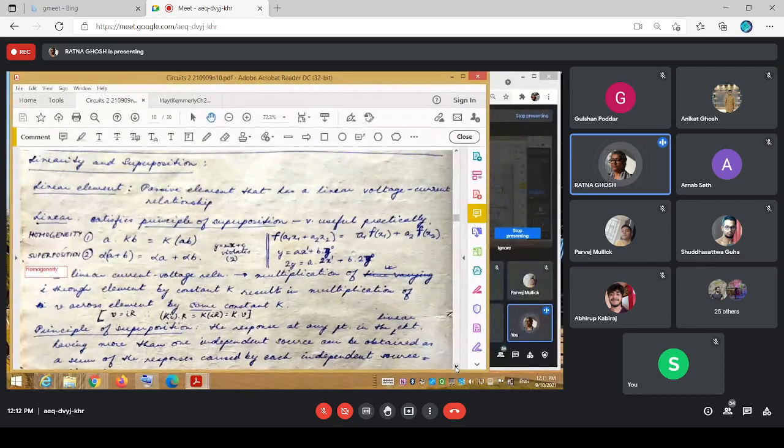Even in circuit theory, we'll primarily be talking about linear elements. We will not be talking about any non-linear element per se.